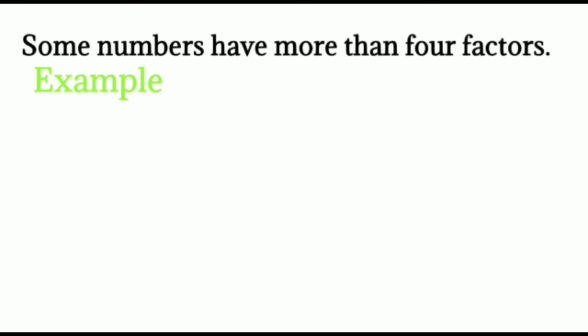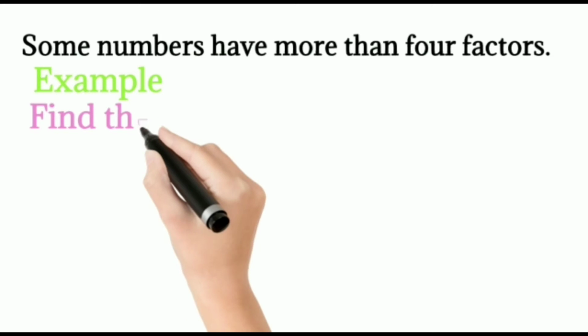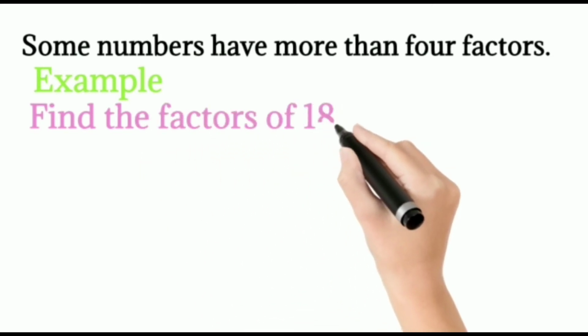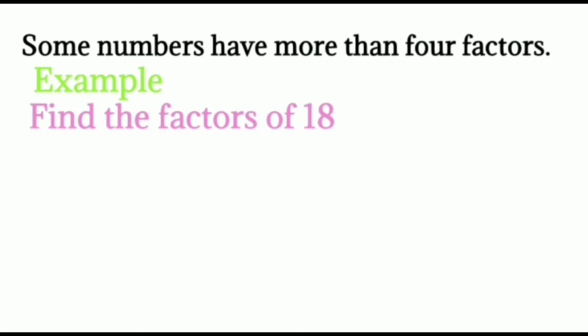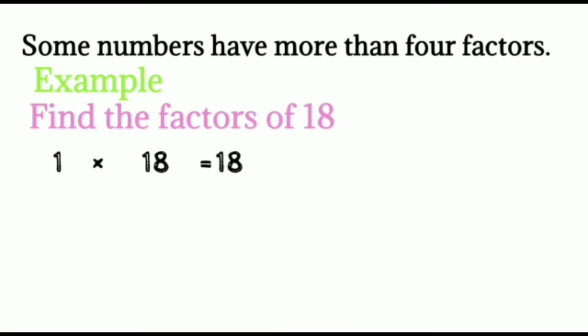We already said 1 is the smallest factor of every number. How will we find the factors? If we take 18, 1 into 18 is equal to 18. That means 1 is the smallest factor, and the number itself, 18, is a factor. The same way, the largest factor is also 18.